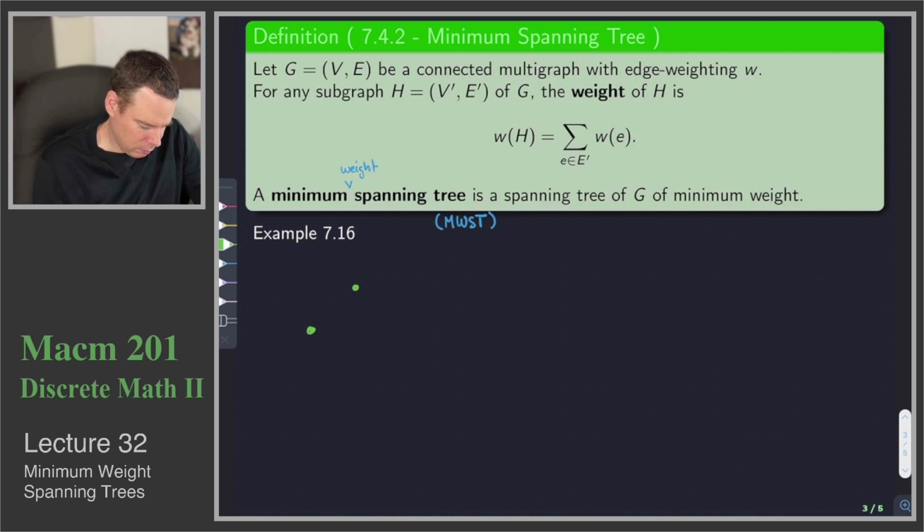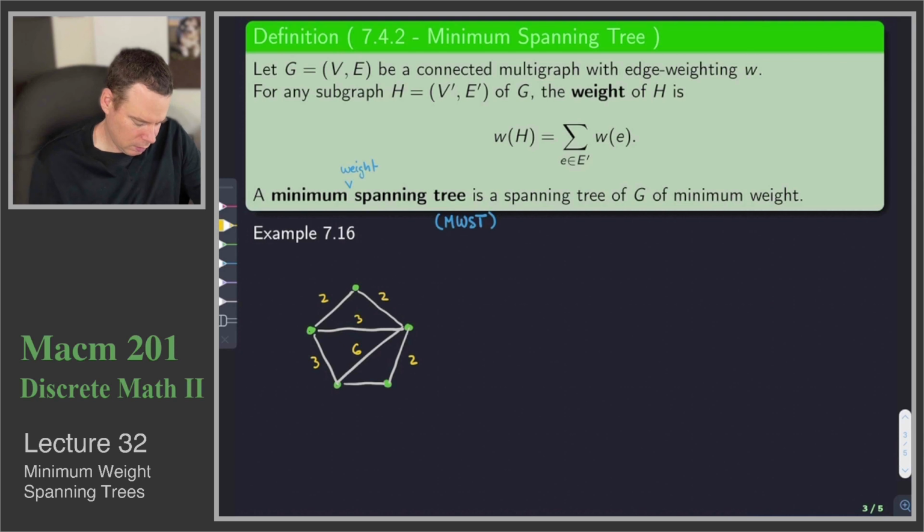So let's look at these definitions in terms of another example. We'll consider this graph, and I'll just put the edge weightings on here. I won't label the vertices. So maybe we've got a 2, a 2, a 2, 3, 3, and a 6, and another 3.